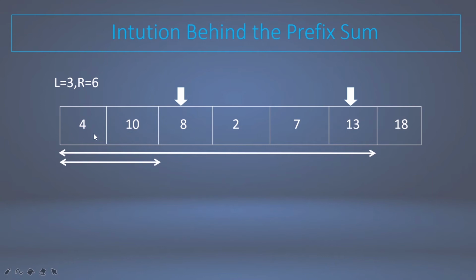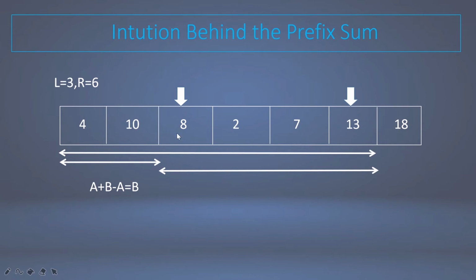Then we will get the sum from L to R, right? Suppose this range sum is B and this range sum is A, and we have to find B. So when we add all the elements, this will be A plus B, and from this we are subtracting these range elements, which is A. So A minus A will cancel out and B will be the remaining. This is exactly what we are finding.